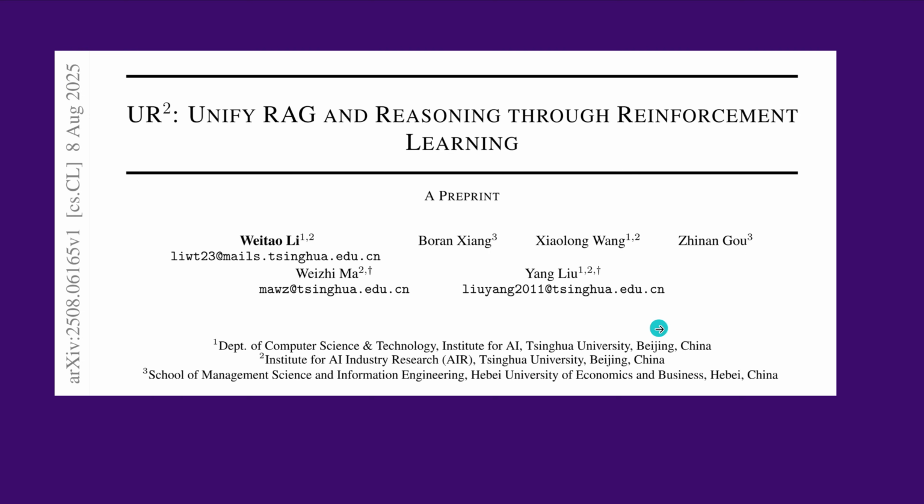And they, Tsinghua University, the Institute for AI Industry Research and the School of Management Science, Hebei University of Economics and Business in China, on August 8, 2025, give us a beautiful new idea of how we can overcome all the problems if we just combine RAG and reinforcement learning for the reasoning process of a multi or single agent system.